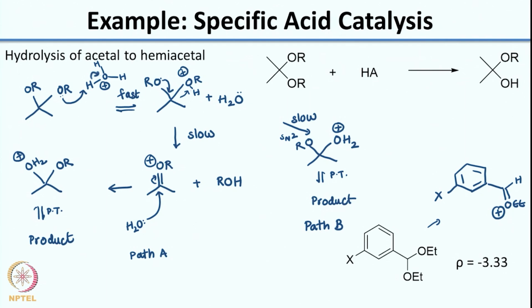So that is why you see such a negative rho value. So using the Hammett correlation, you could say that it goes via path A.